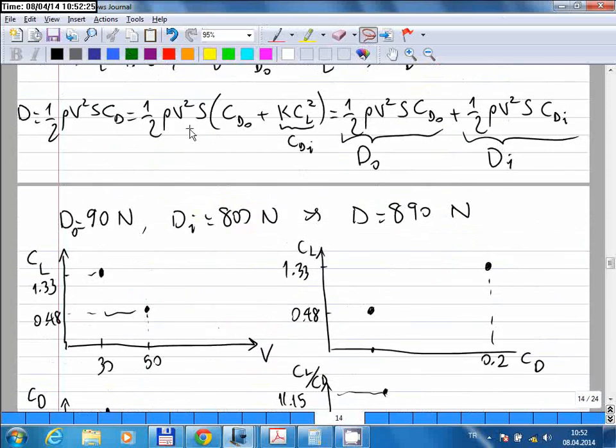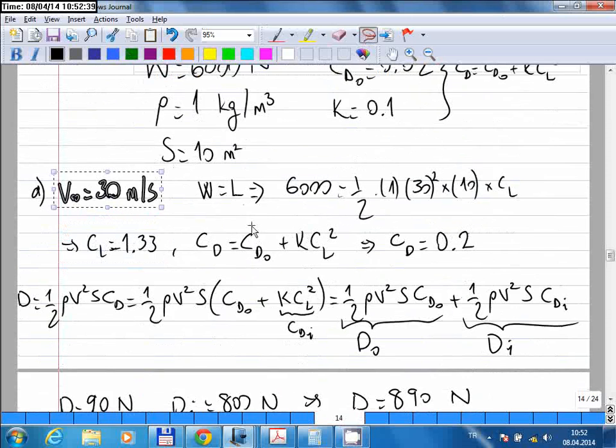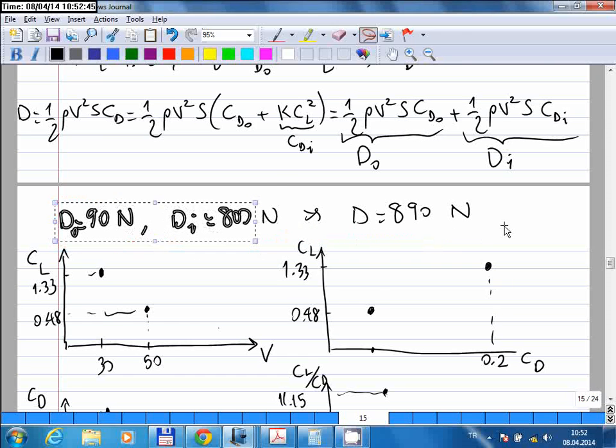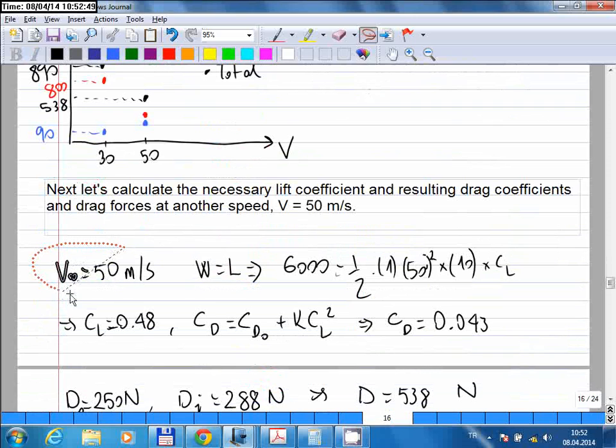I gave you this example, and we calculated certain parameters for this aircraft under a steady level flight condition. First, I said let the aircraft be flying at this speed, and for that we calculated the two components of the drag force, and then we made the calculations for another speed level, which was 50 meters per second.